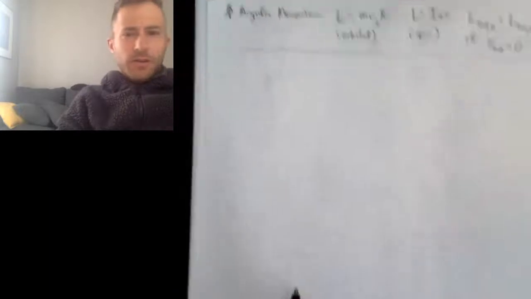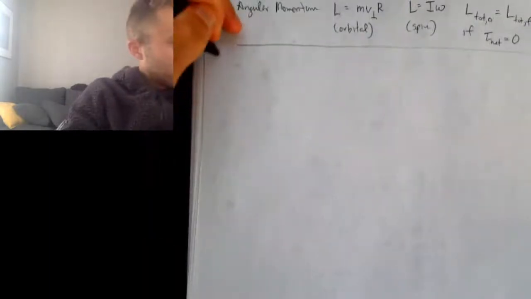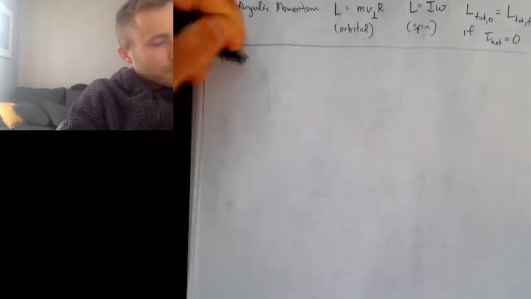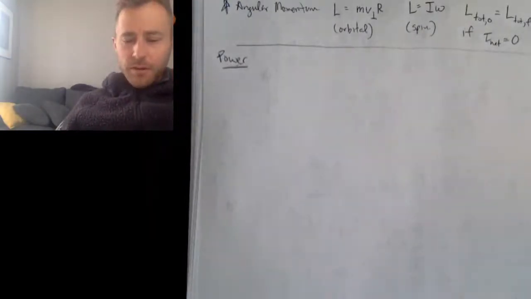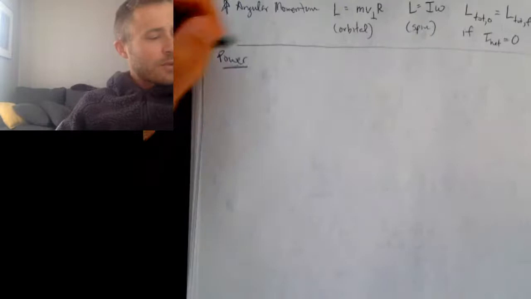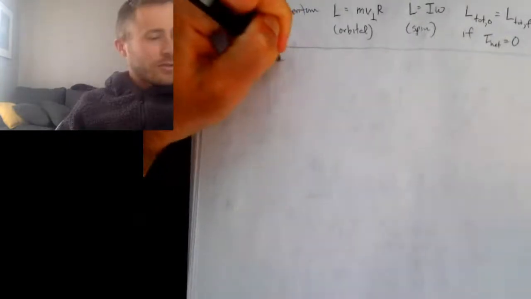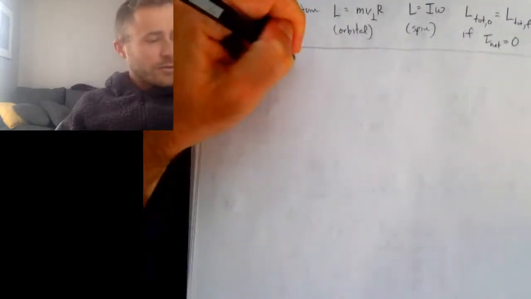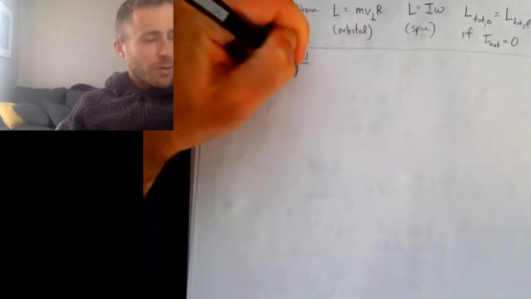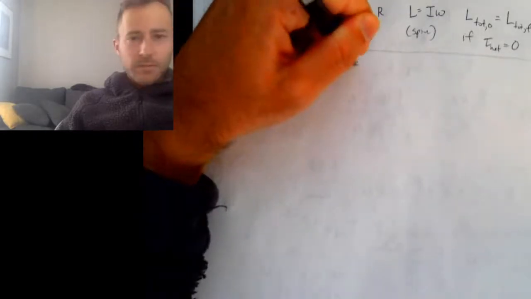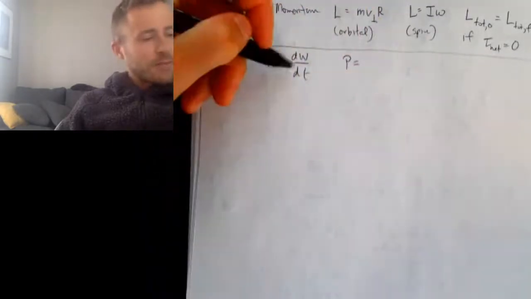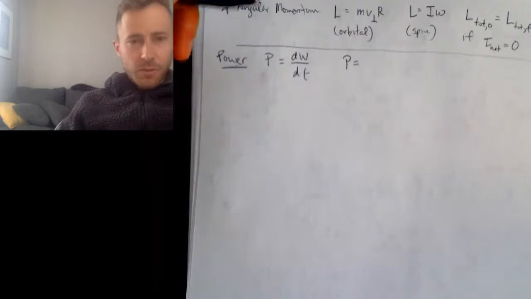So then we had a lesson about power. Just a brief lesson about power. Power is defined as the rate of change, or the rate of work being done. I derived an equation for power based on that, using the definition of work.